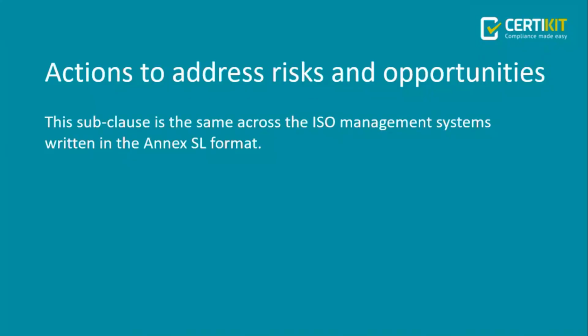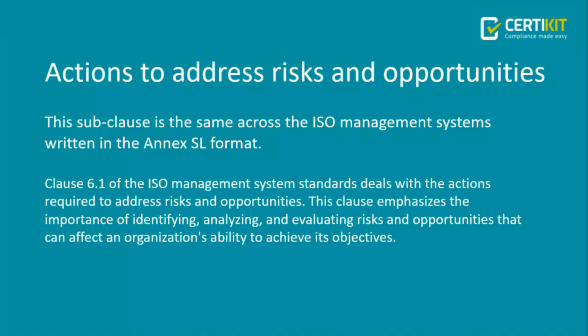So this is subclause 6.1. Like I said, it's the same across all the Annex SL standards. Effectively, what it states is that the management system standard deals with the actions required to address risk and opportunities. This clause emphasizes the importance of identifying, analyzing and evaluating risk and opportunities that can affect the organization's ability to achieve its objectives and manage risks.